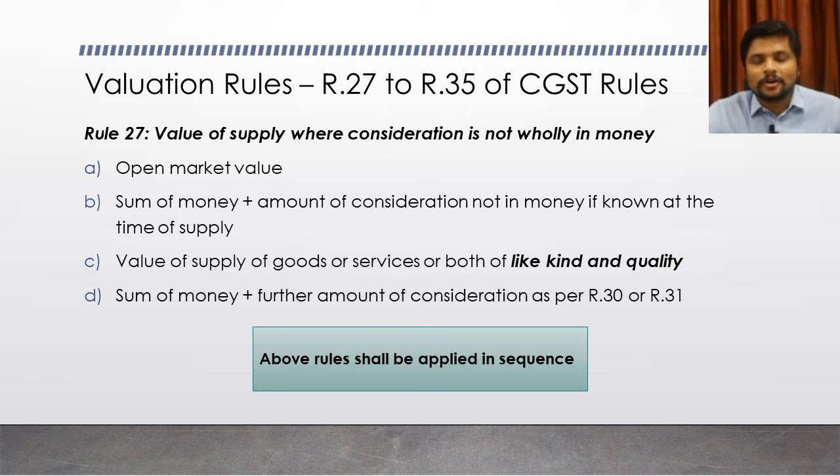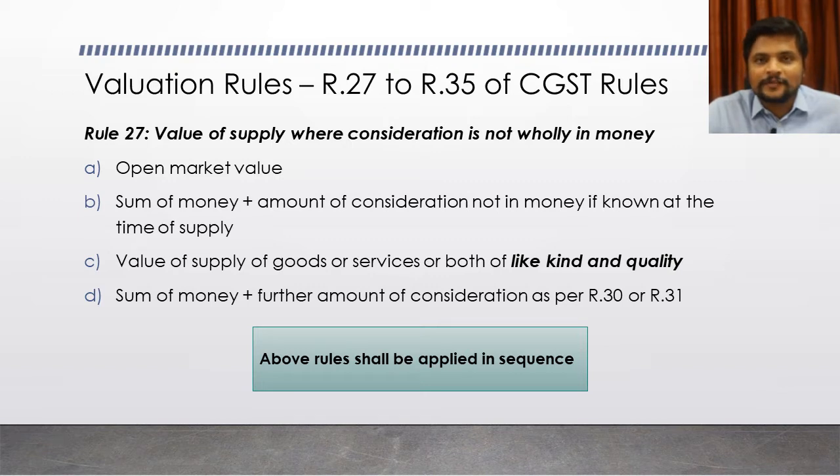What could be the non-monetary consideration? I will start with an example. For example, you are going to a shop to buy a mobile phone. You are already holding an old mobile phone, which is, for example, two years old, and you want to replace it with a new one. In that case you are trying to sell or exchange your old mobile phone and buy a new one.